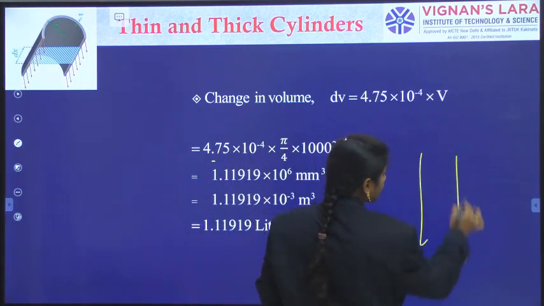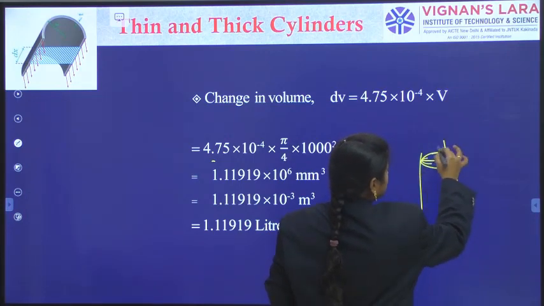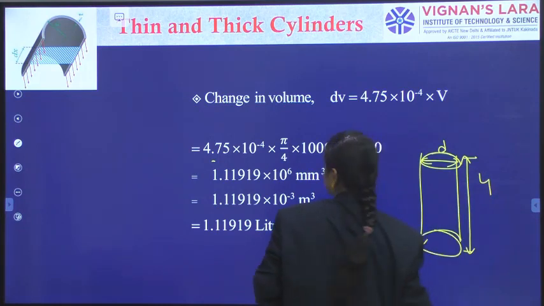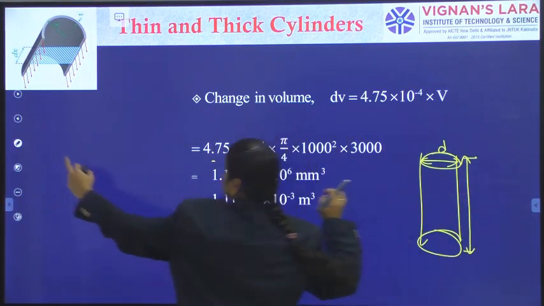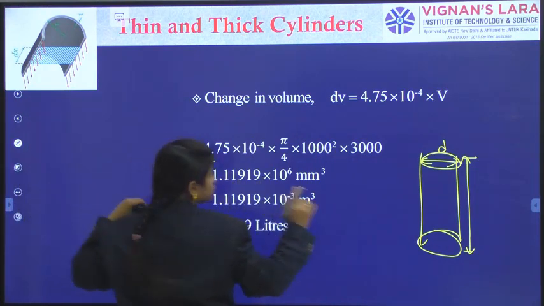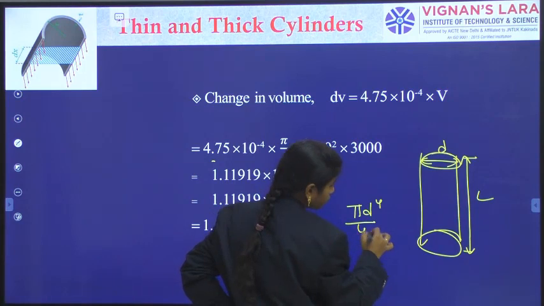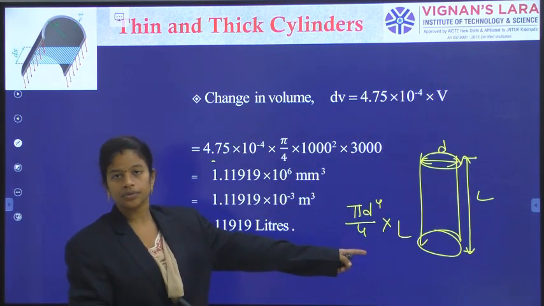So the cross section area, pi d square by 4, into length will give the volume, right?